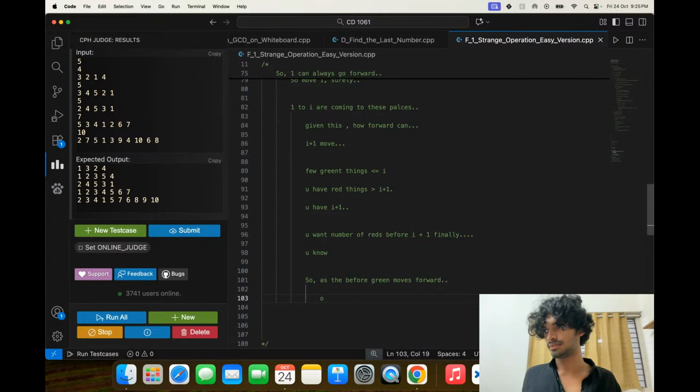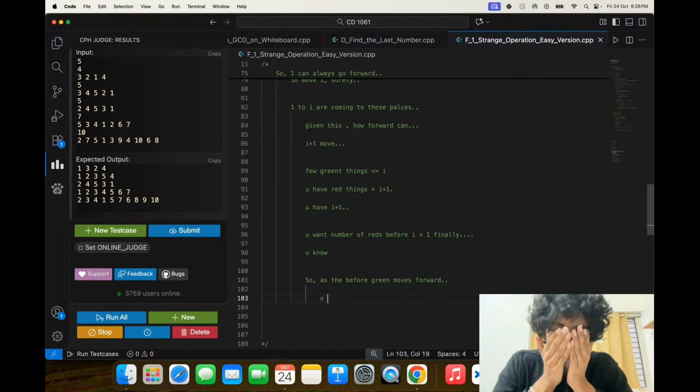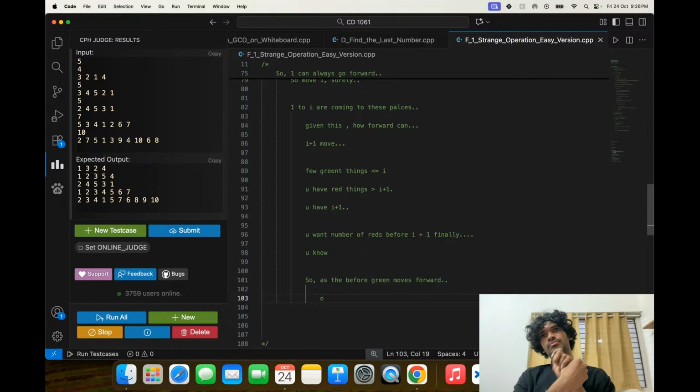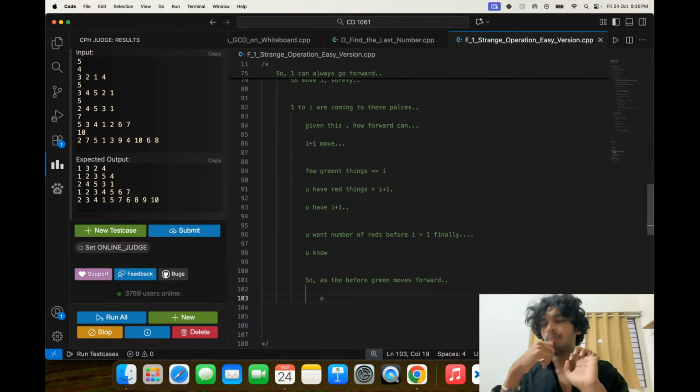I think it will take the first red position over here. Hmm, among reds, it will try to be as early as possible. As many number of reds it will try to cross as possible. Okay.